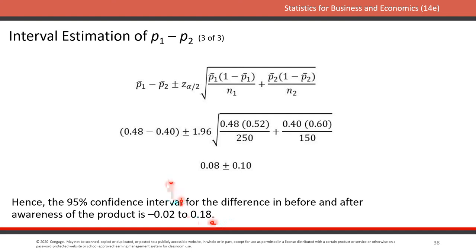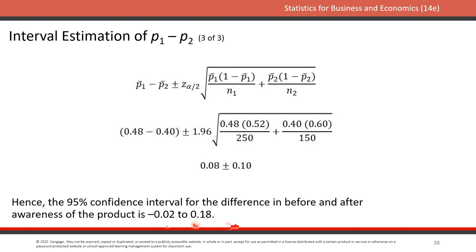So if somebody said 0 is a reasonable value, or no change is a reasonable value, yeah, based on this 95% confidence interval, no change is a reasonable value that could have happened as a result of this campaign. And if I wanted to come up with a closer interval, I'd need to go collect a higher sample size, more data, to be able to narrow this down some.